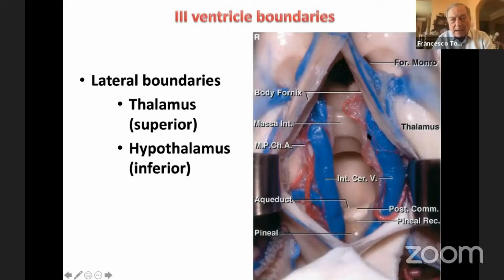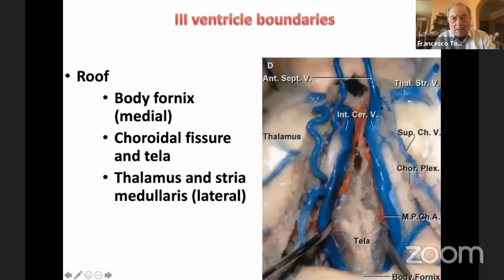This is the very important thalamostriate vein, and laterally we have the thalamus. Inferiorly, of course, hypothalamus. The roof of the third ventricle: we see that we have the tela choroidea and choroidal fissure, and we have two important veins in the roof, internal cerebral veins, and this is very important, and laterally always the thalamus.